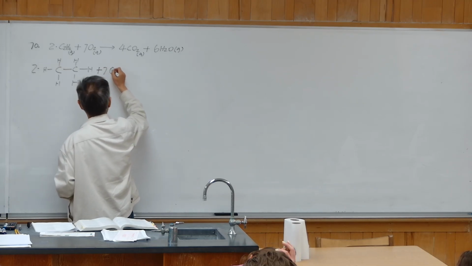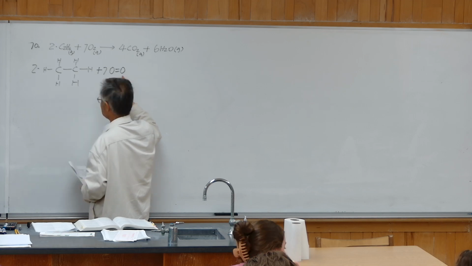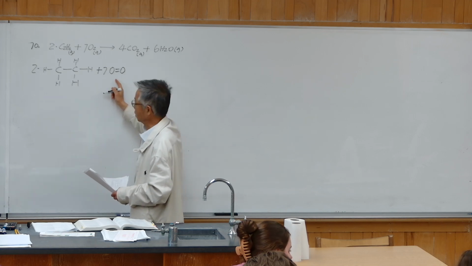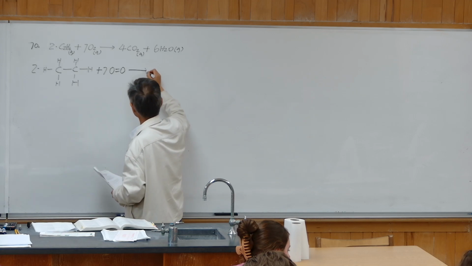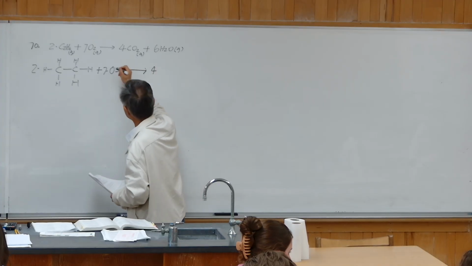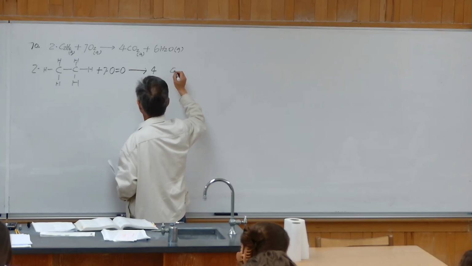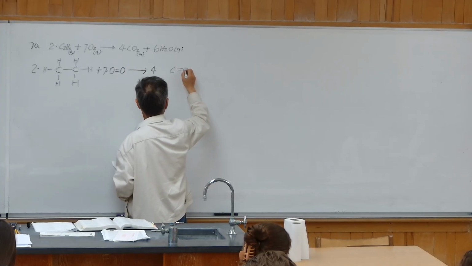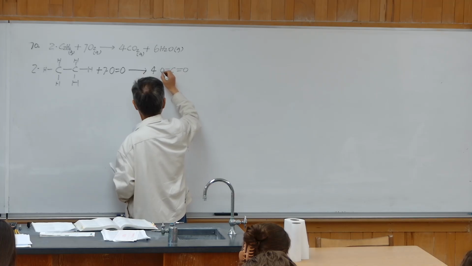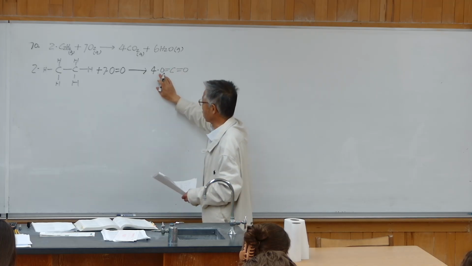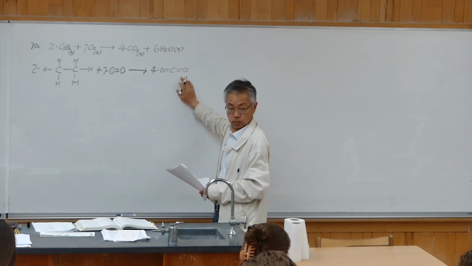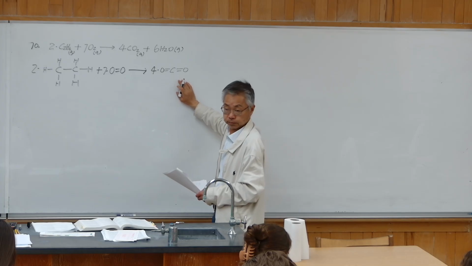Oxygen is O=O, an oxygen double bond. Right? Carbon dioxide. You are required to know how to write the Lewis structure for carbon dioxide. We just learned it, right?